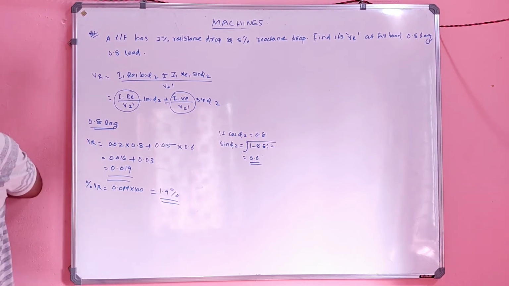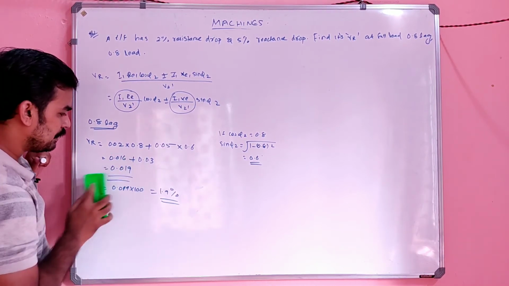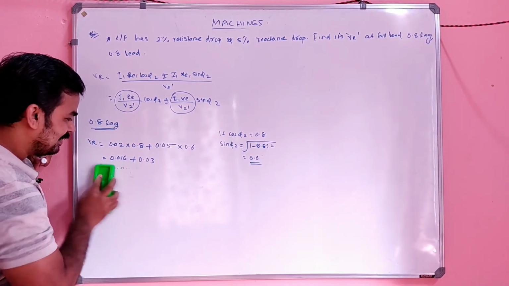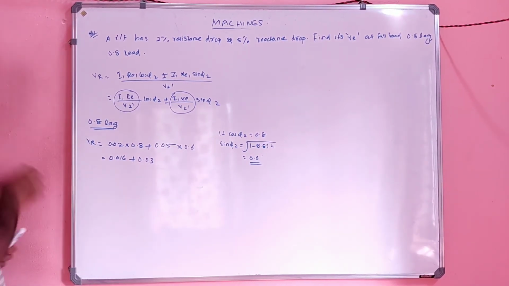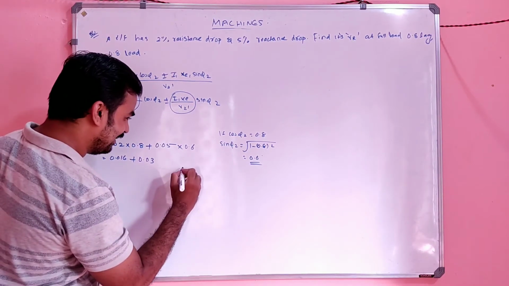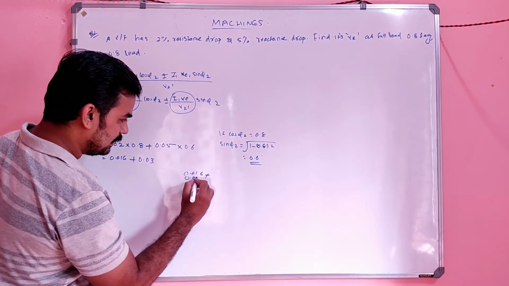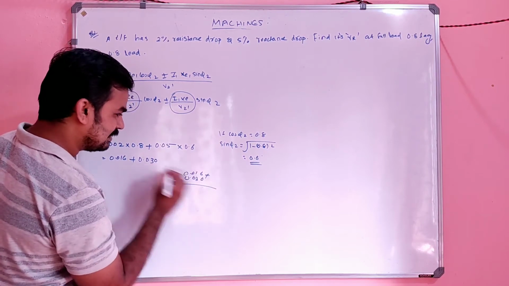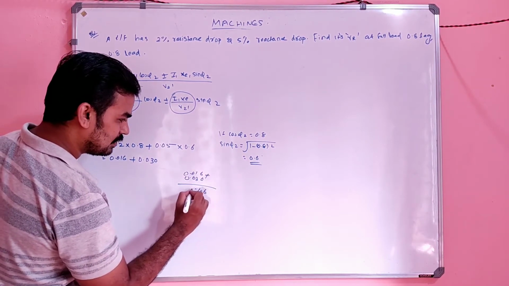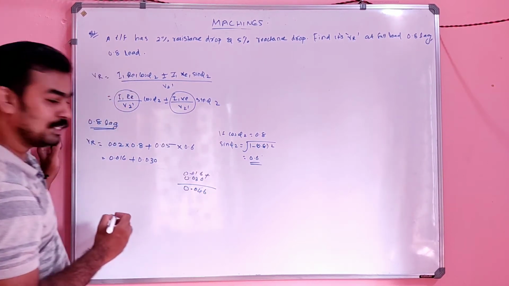Pardon me, the summation will become what simply? Since I was overconfident in summation, that error happened. 0.016 plus 0.030, correct, is 0.046.